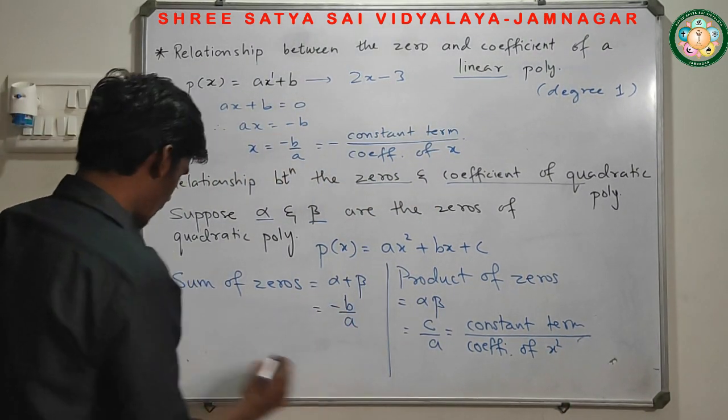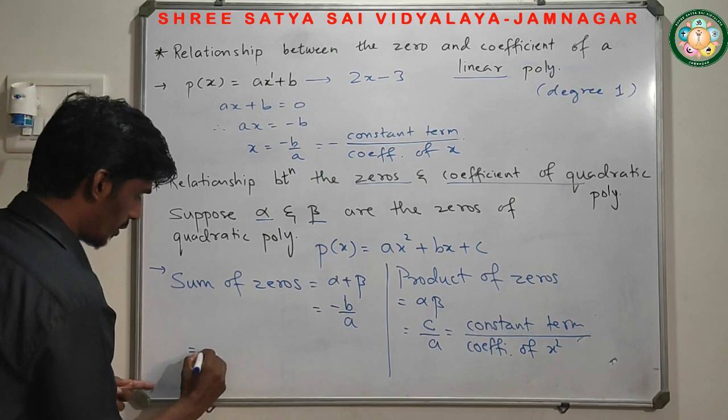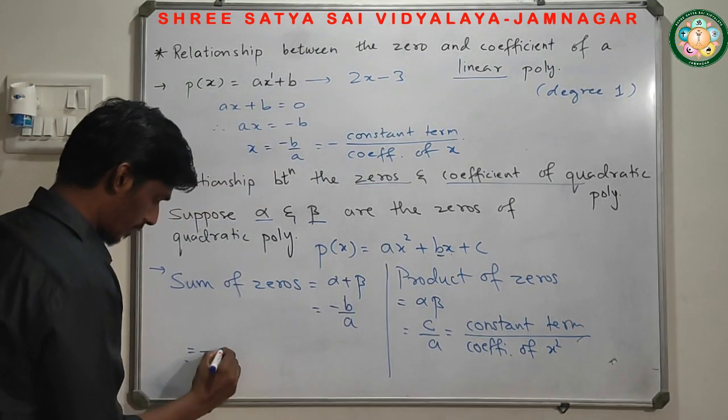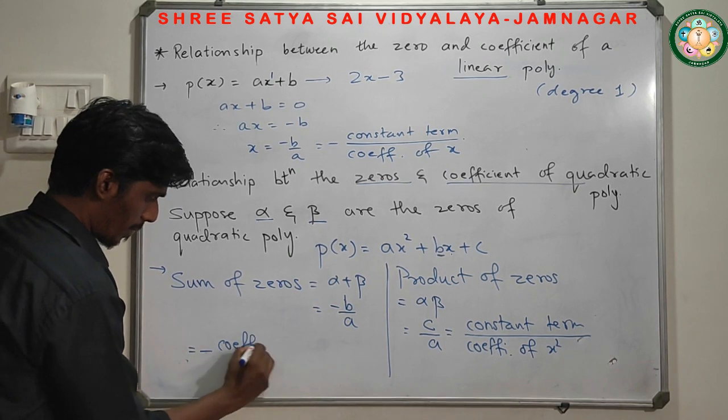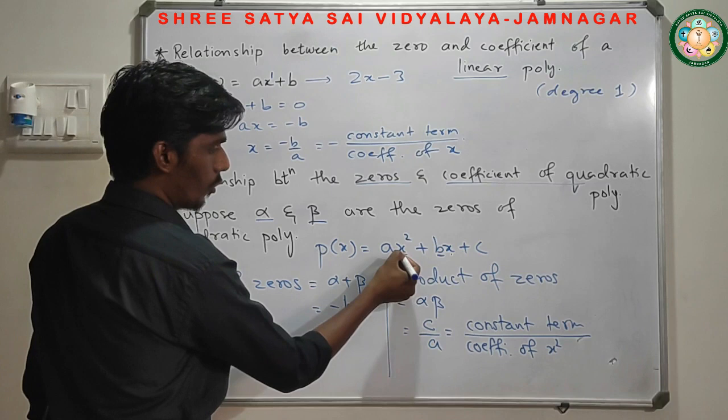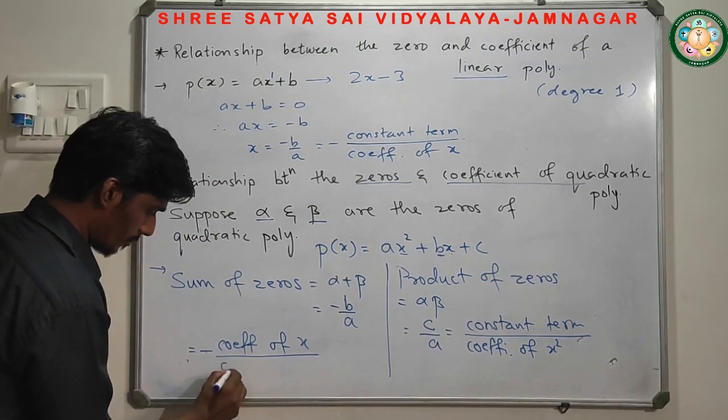And here minus b, where b is the coefficient of x, and a is the coefficient of x square.